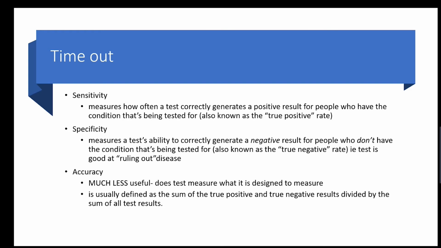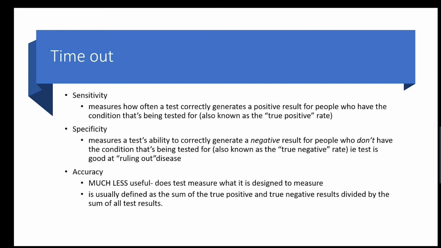The specificity is how well a test rules out a disease process. So it measures a test's ability to generate a negative result that is appropriate for people that don't have the disease. So how well is it able to rule out disease? And accuracy is a little bit less useful. It doesn't necessarily give information about positives and negatives, but it lets us know how well the test is designed.